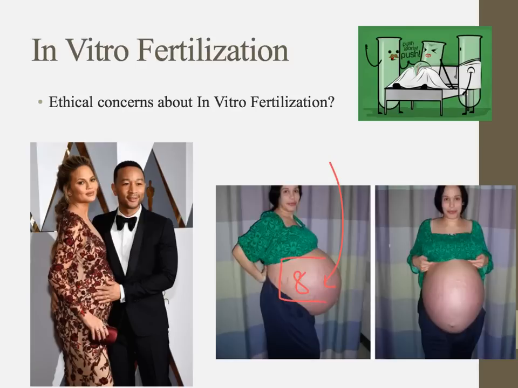Multiples tend to have quite a bit of stress. Or what if we decide that we want a particular gender? Can we screen the embryos and then decide which one to put in? The science behind in vitro fertilization is much farther ahead than our laws or even our own understanding of the ethics of this. So there are lots of things to consider, all of which you need knowledge of.